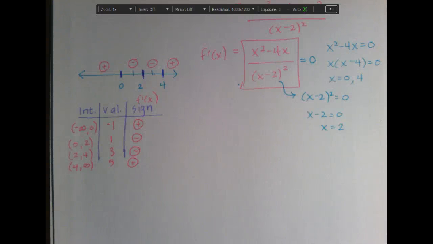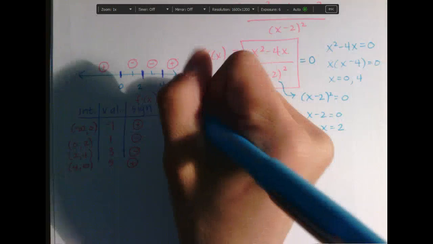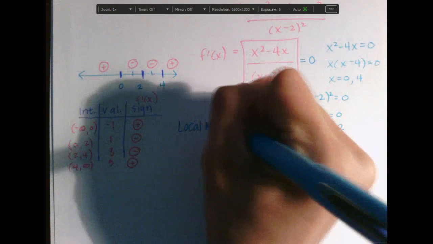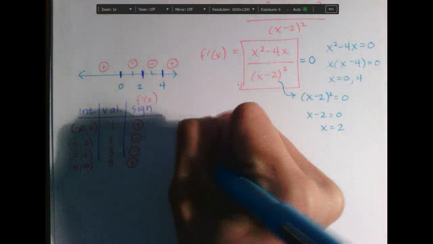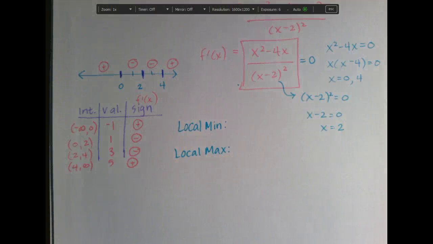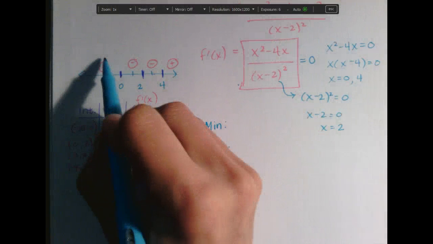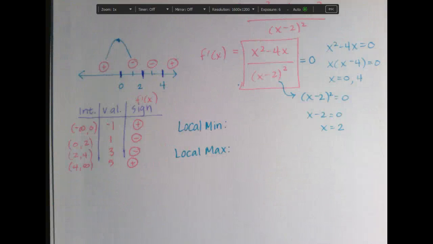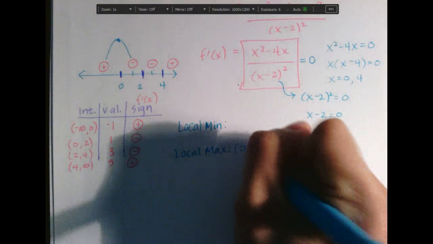From that, we want to gather our local min or local max so that we have more points that we can plot to graph our function. Here we are increasing, and then we change to decreasing, and that creates a maximum at x equals 0.